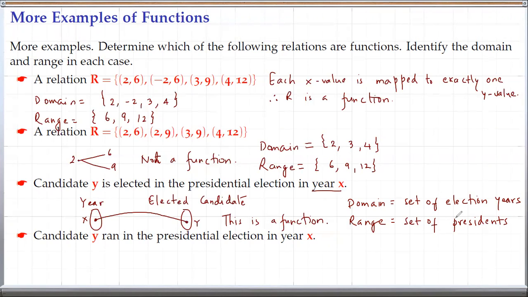Right. So now let's look at the last example on this page. We have candidate Y ran in the presidential election in the year X. So in this case, again, we have the first set, the X values, to be year. And here we have the running candidates.